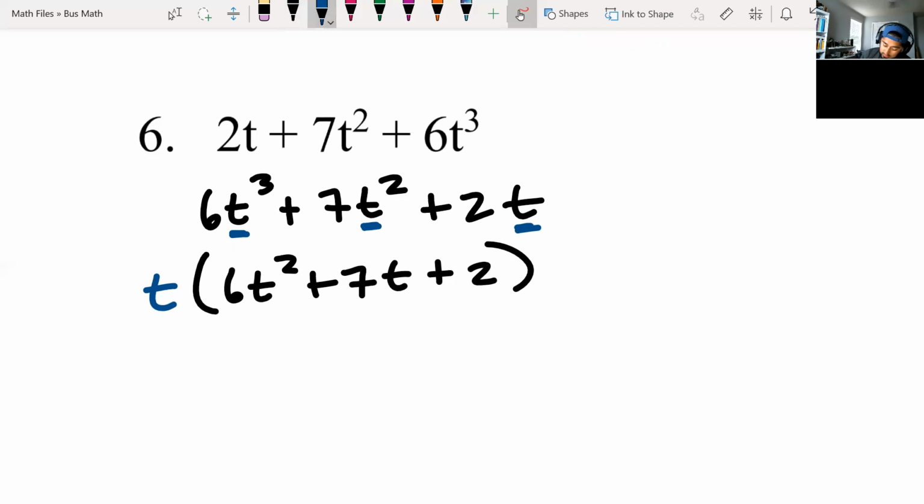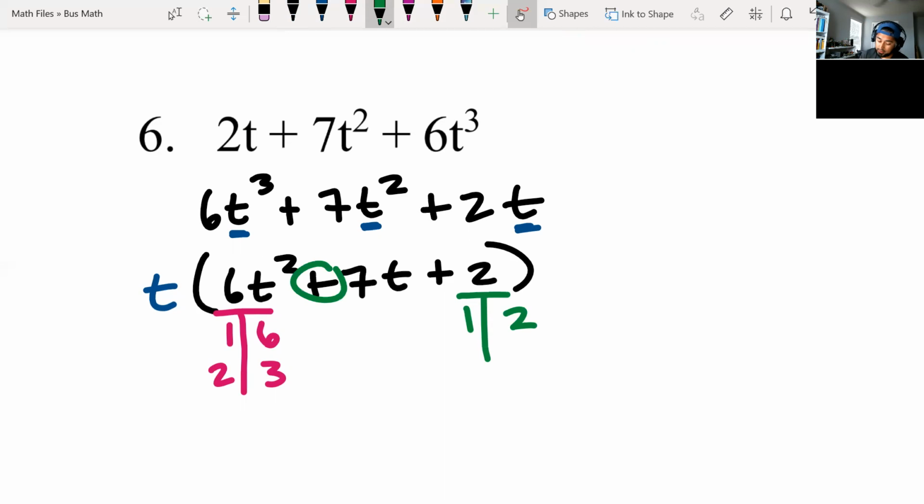And now list the factors of the leading coefficient, 1 and 6, 2 and 3. List the factors of the constant, 1 and 2. Then look at the signs, plus, plus. That's good.